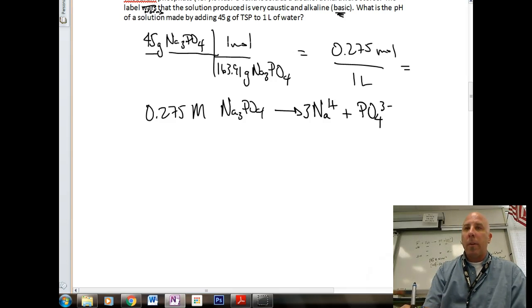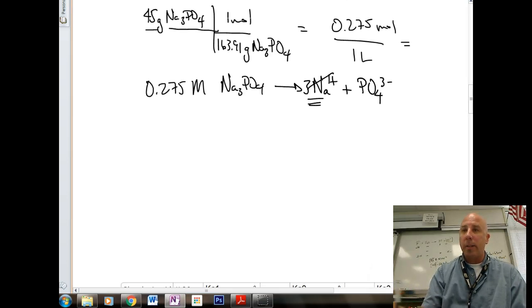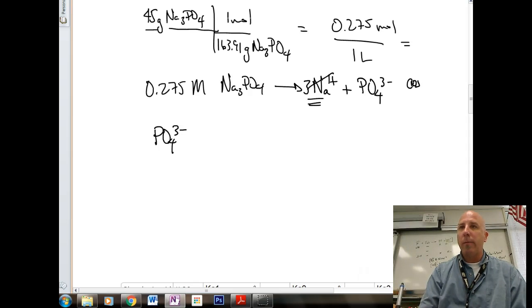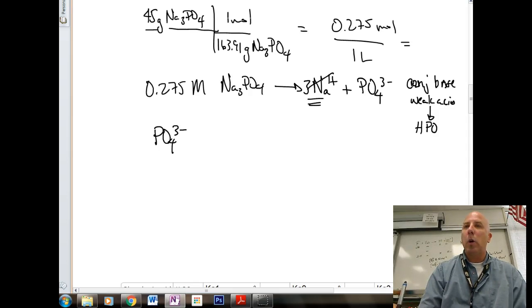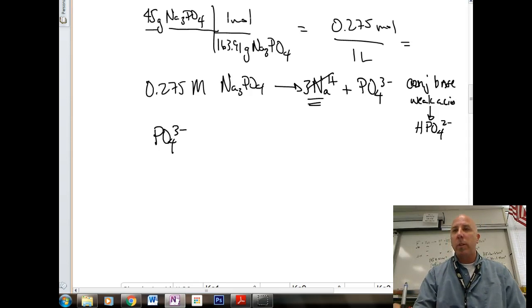Now, the sodium ion does not affect pH, but the phosphate ion does, because the phosphate ion is the conjugate base of a weak acid. And the weak acid that it's the conjugate base of is HPO4 2 minus, or phosphoric acid, which is H3PO4.